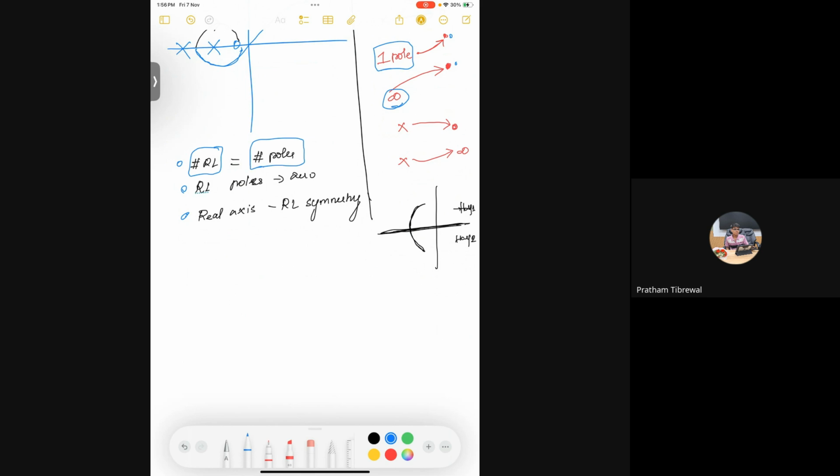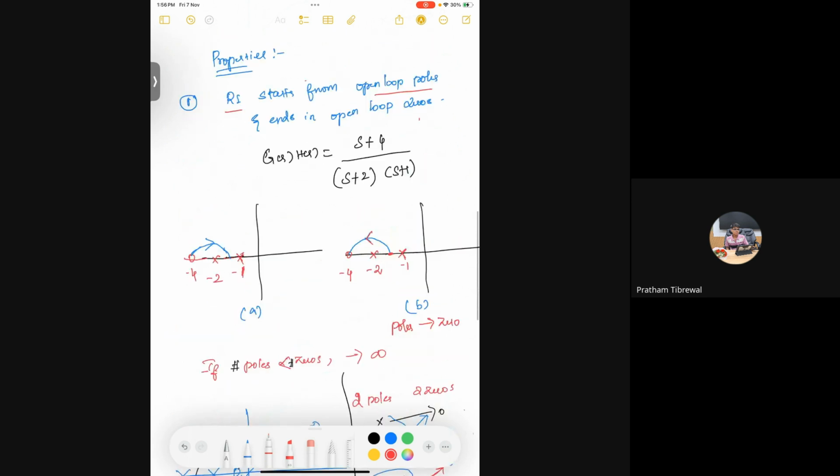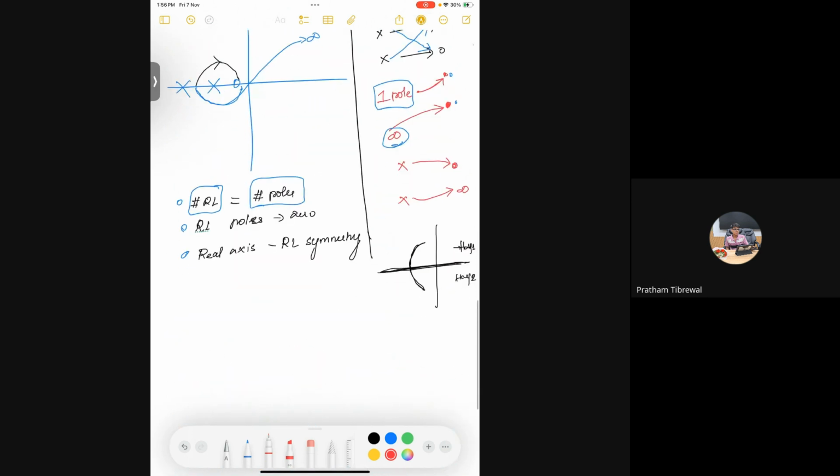And the third property, so far we have seen one property here and this is the second one, is that the root locus is always symmetric about the real axis. Okay, like this.